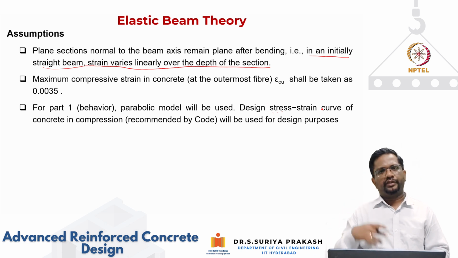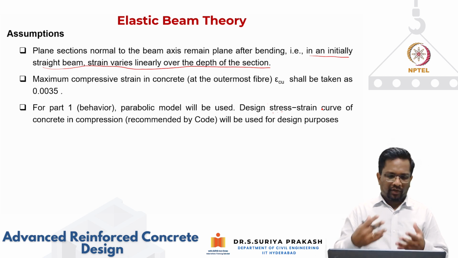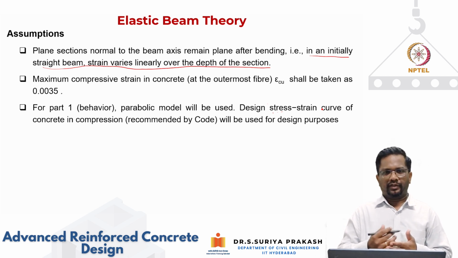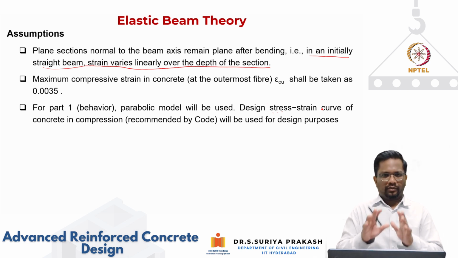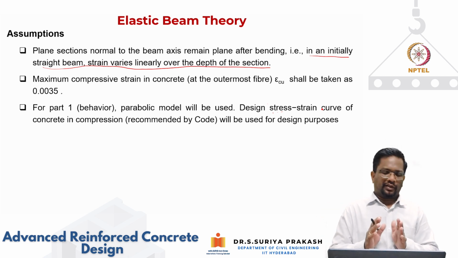So you have to test and develop your own stress strain curve and use it for estimating the capacities and design the sections. So the idea for this part one is, if you are given a set of constitutive equations, how to use them to understand the behavior.